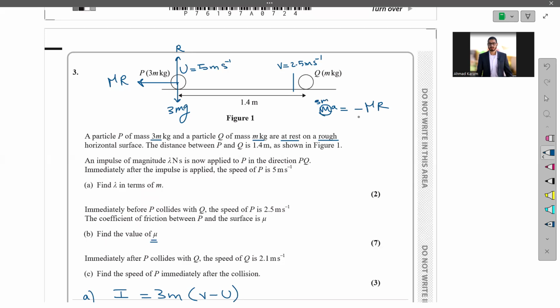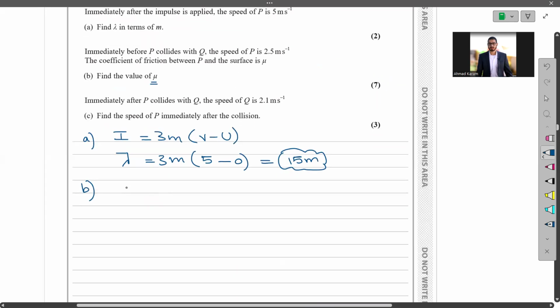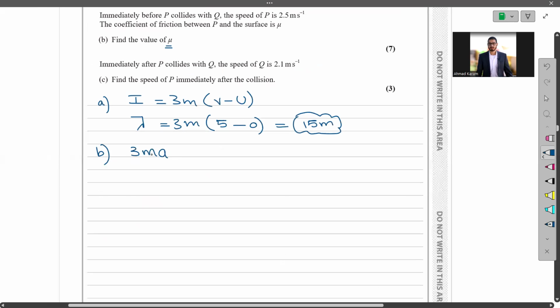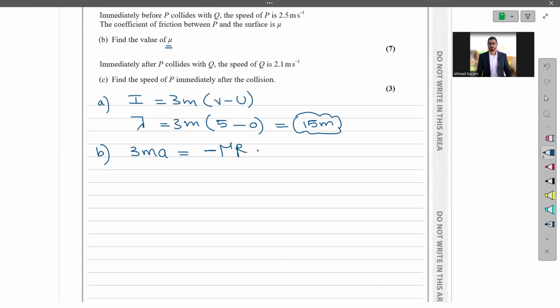So we need to get the acceleration to get the value of mu. Let's write it down again. For particle P, the force is 3ma equals negative mu R.